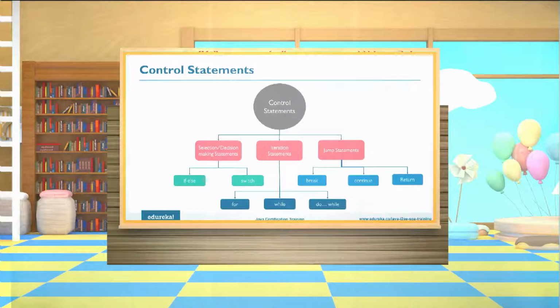When x is neither 0 nor 1, do something else. That's about switch. Iteration is where you repeat the same set of statements again and again till a particular condition is met. So you have the for loop, where after every iteration, the value of the iterating variable is changed and checked against a condition.